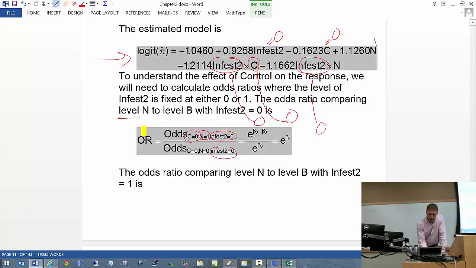So when I calculate the odds of a success at level N, infest2 equals 0, I get e raised to the beta 0 plus beta 3, because the only thing that remains is this and this. Now, if I look at the denominator, notice N is equal to 0, so that's why I only have a beta 0 left. And so then what's my odds ratio? e to the beta 3.